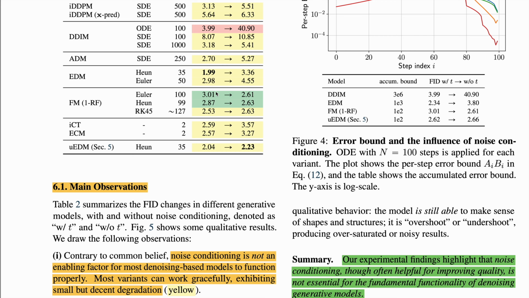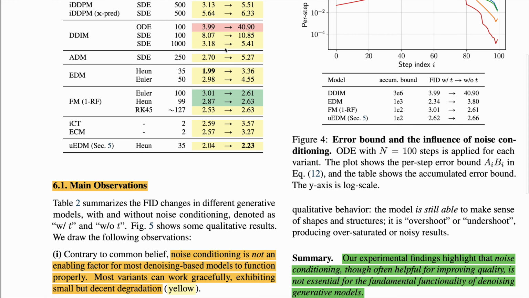I will put the link in the description. For those models, the objective, the target during training, is independent of the noise level, as opposed, for example, to diffusion. They say that's just one of the hypotheses: that noise conditioning is not needed, and that results even get better without it, is maybe due to that.